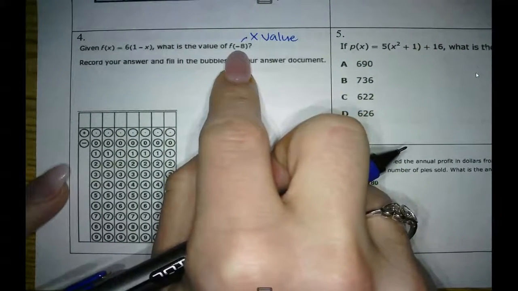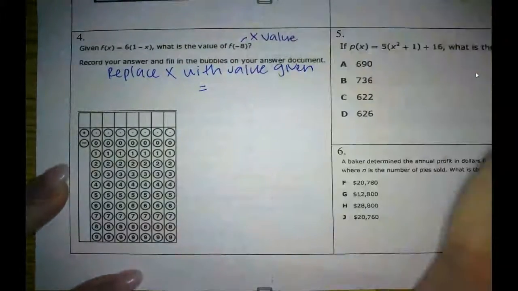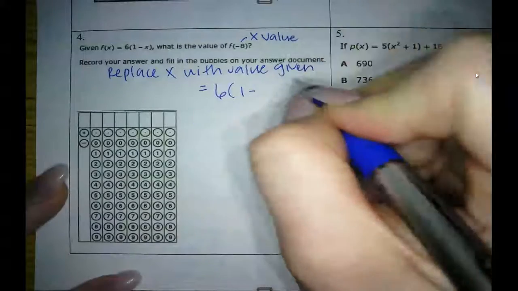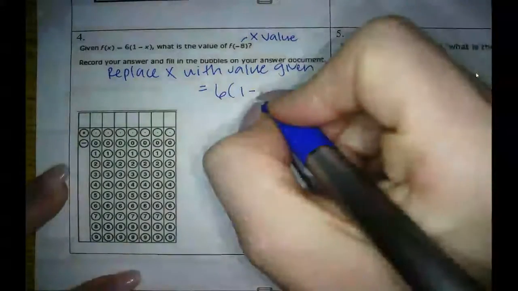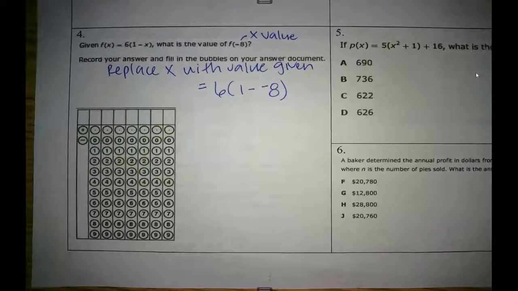So you can do this 2 ways. One of the easier ways of doing this is just replacing x with the value given. So we can do 6, open parentheses, 1 minus, we're given negative 8. That's where I see my x value. I need a calculator for this.